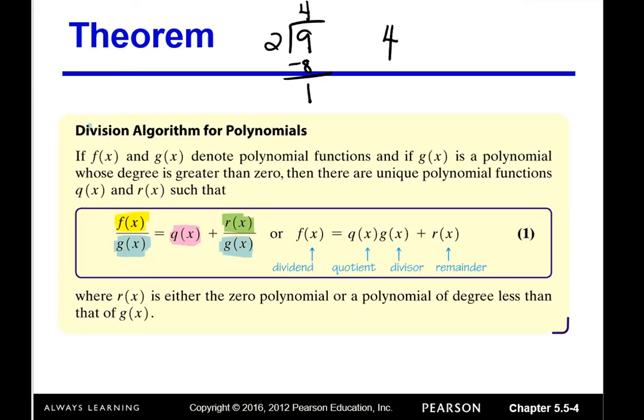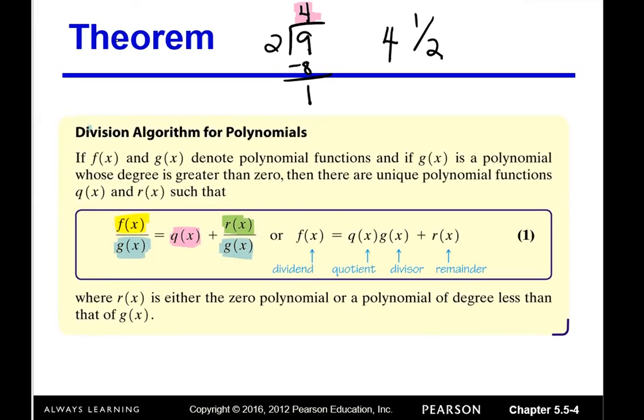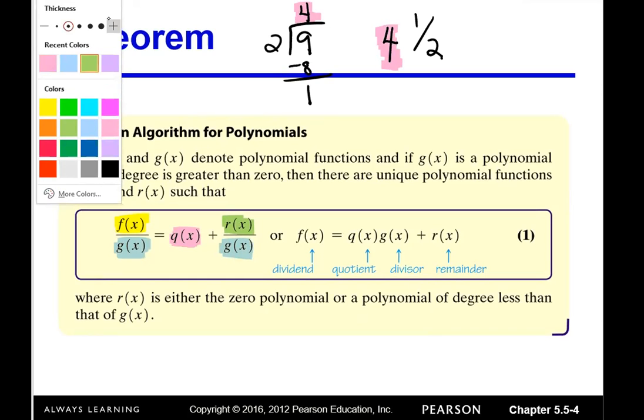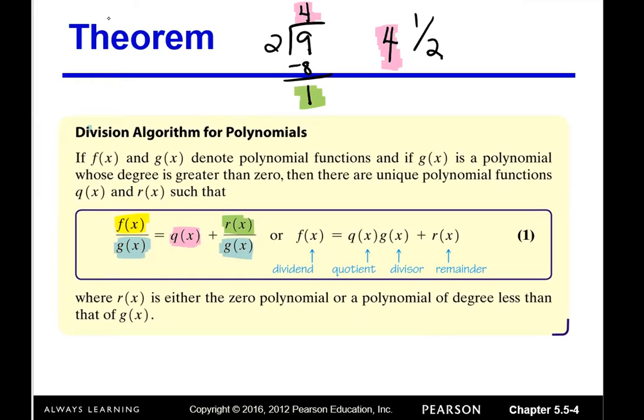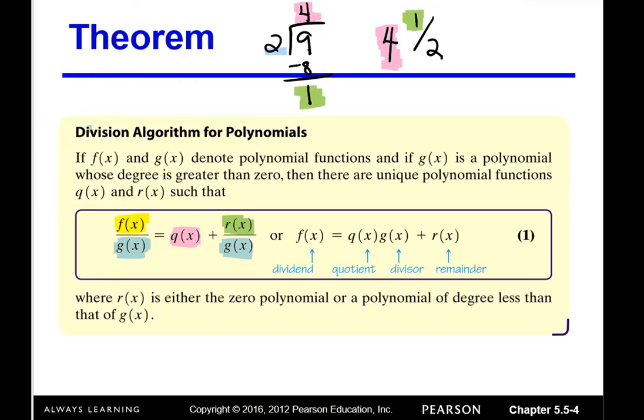So it became 4 and 1/2. The 4, and I'm going to color code for you here, the 4 is like the q of x. The 1 is the remainder. This is my remainder. That becomes my numerator. And the 2 is what I was dividing by. That's the g of x.